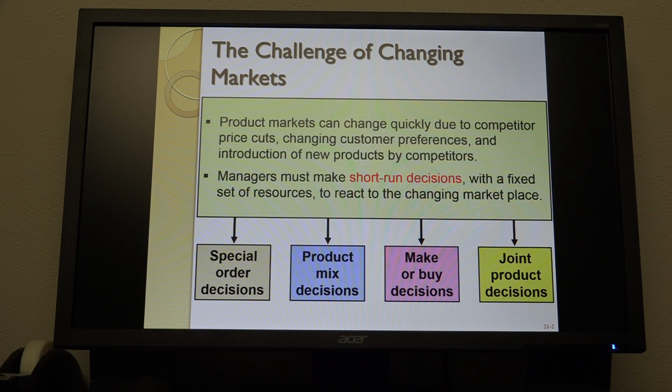Should we make more of product A than B or C, or should we have a different mix? Make or buy decisions. Shall we make a product, or should we just buy it from someone else? And joint product decisions.